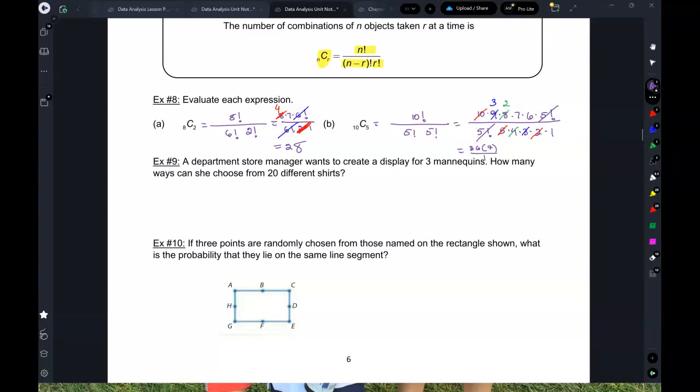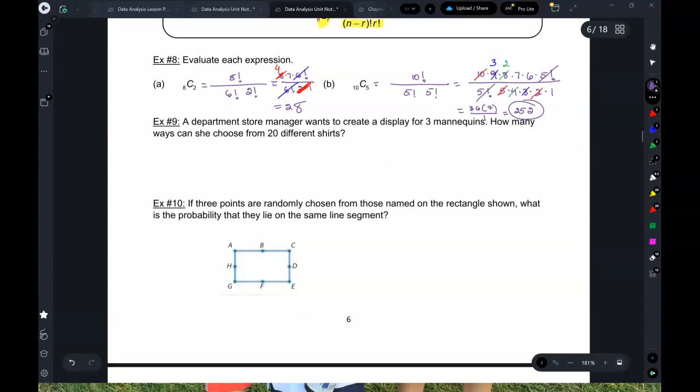Over 1. What's 36 times 7? I think it's 252. Well, let's see. No, I definitely know.